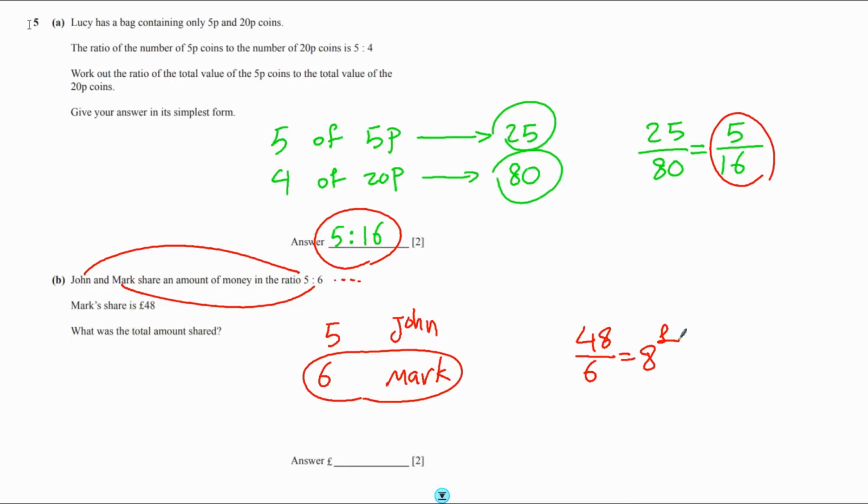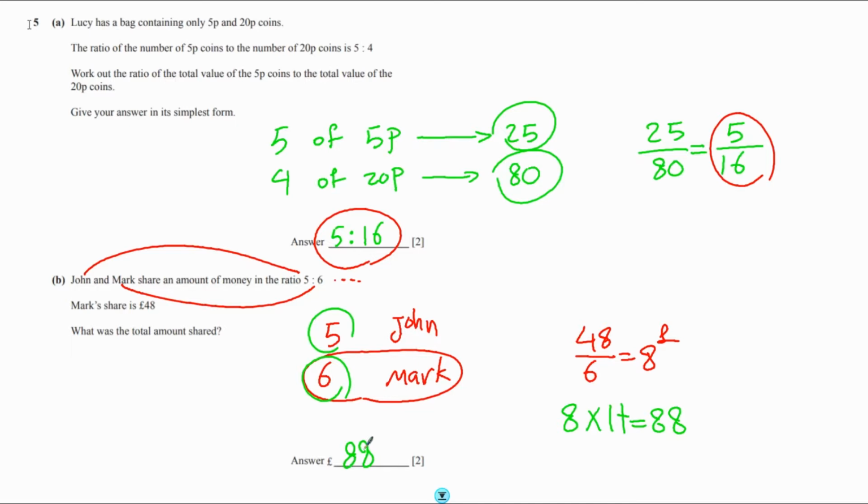But in total, we have 5 shares for John and 6 shares for Mark, which 6 times 8 gives 48 pounds. So what is the total amount shared? In total we have 11 shares. So each share is 8 pounds. So that would be 8 times 11, which would be 88. So the answer for this question would be 88 pounds.